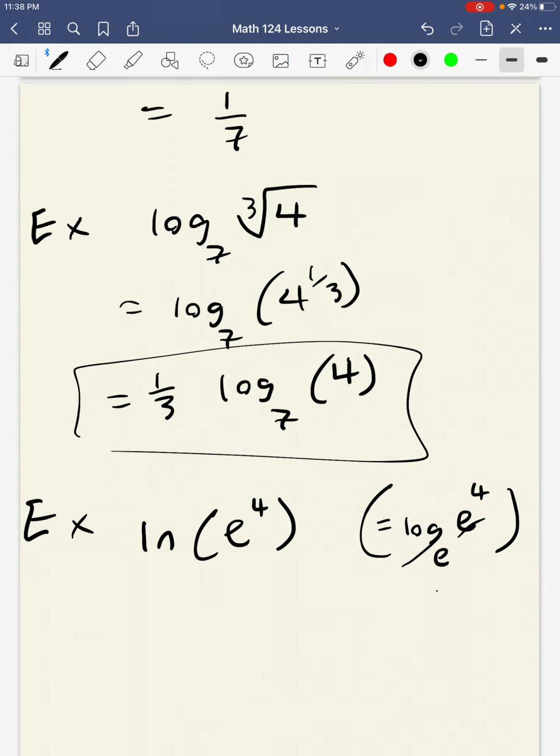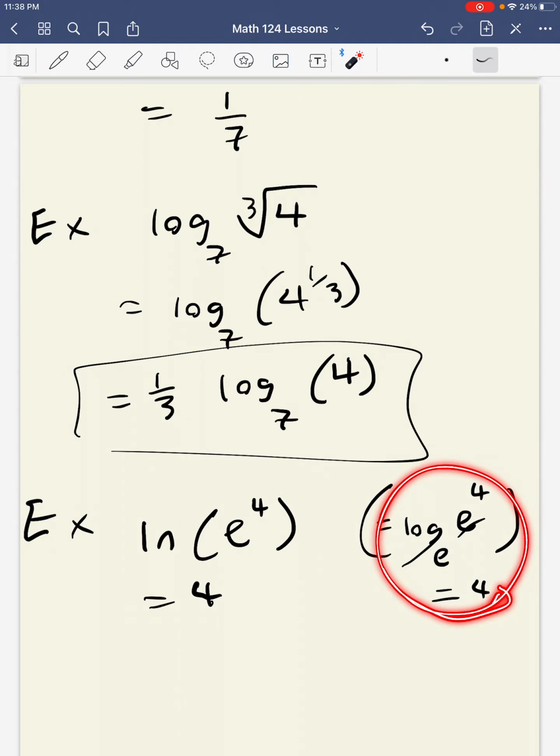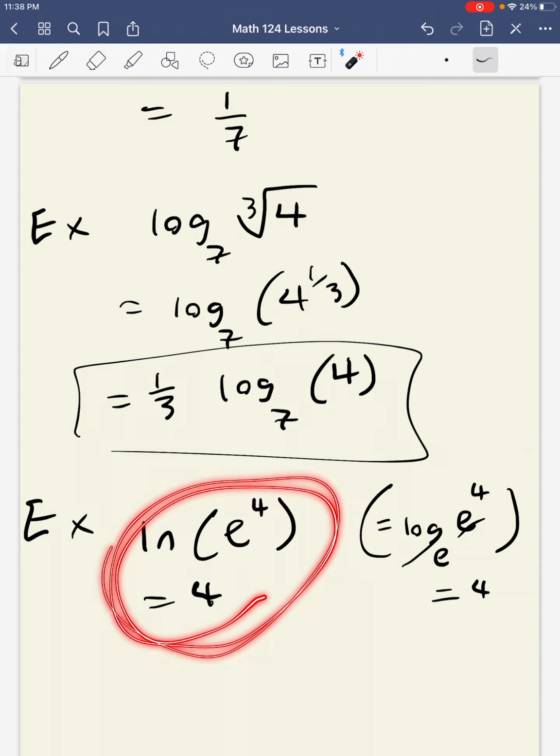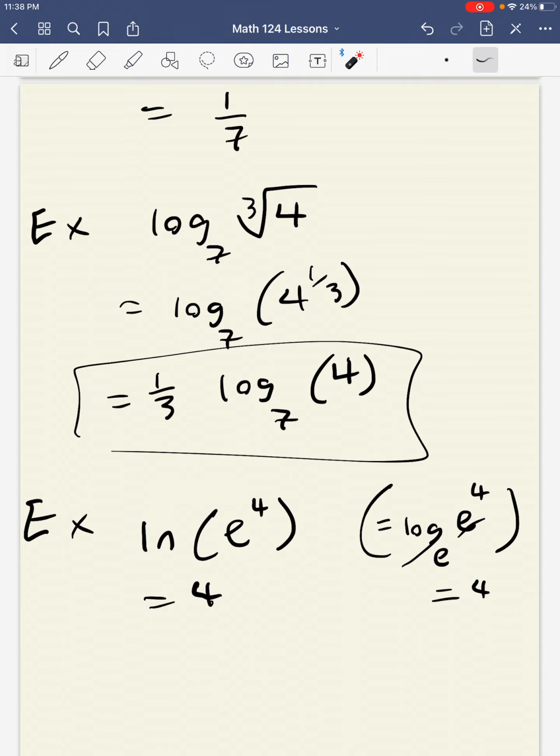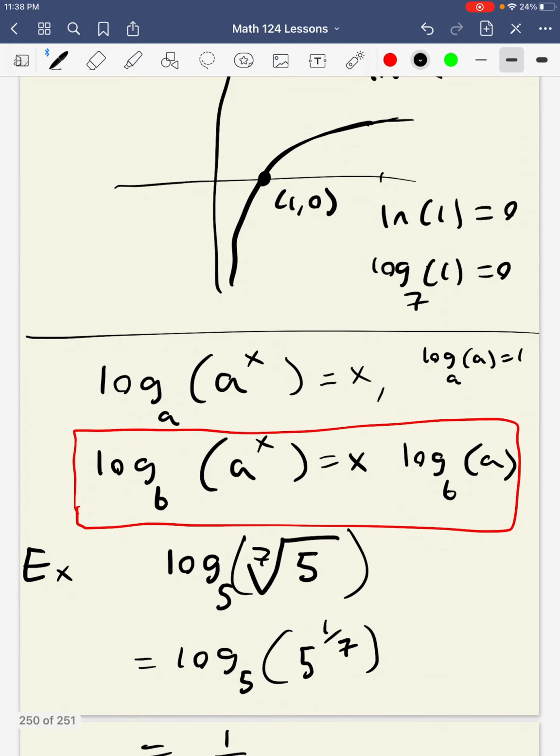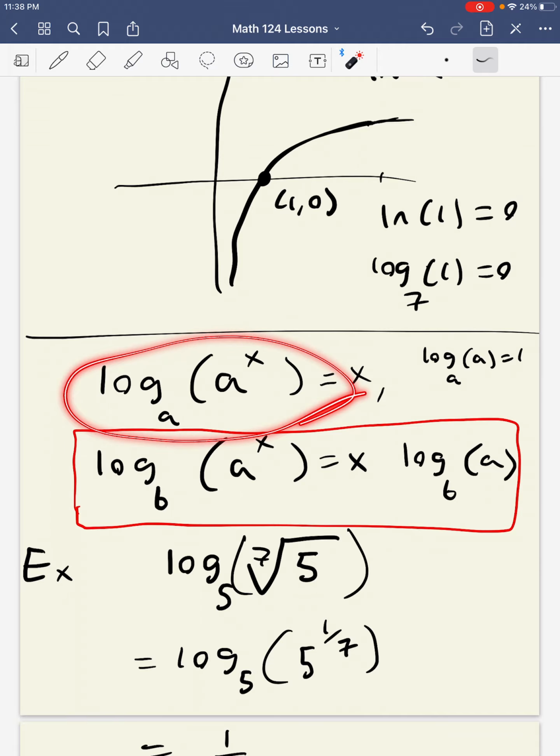So these e's cancel out, and it should equal 4. But nobody writes it like that. If you write it like that, it will look weird. This is how it's written in the language here. They canceled out because of this top property here.